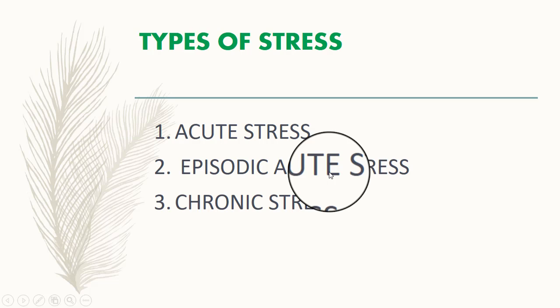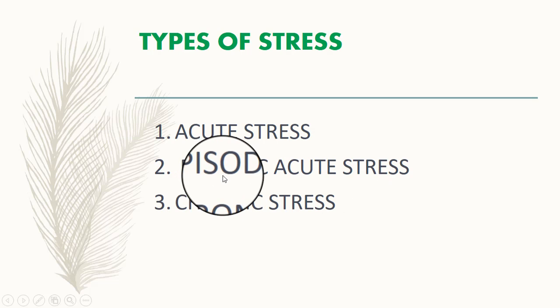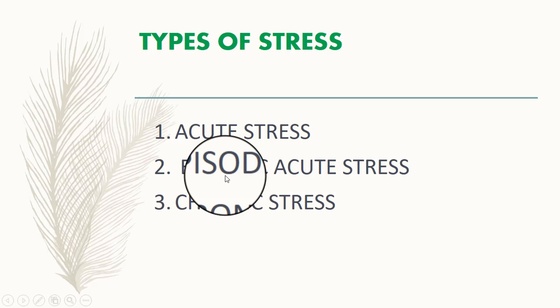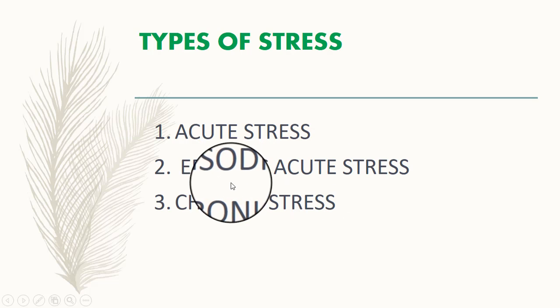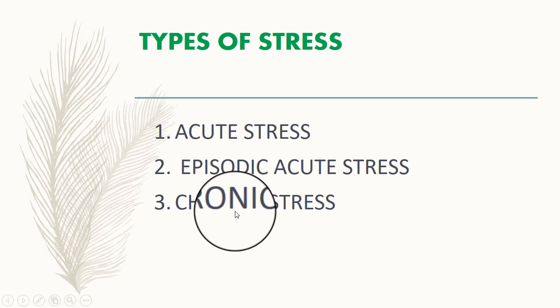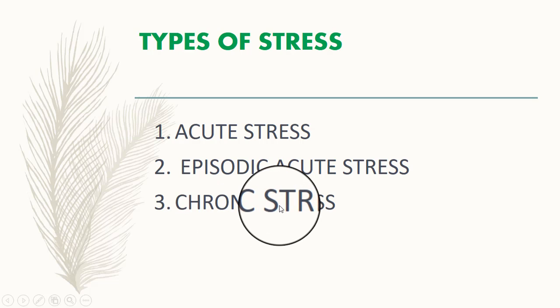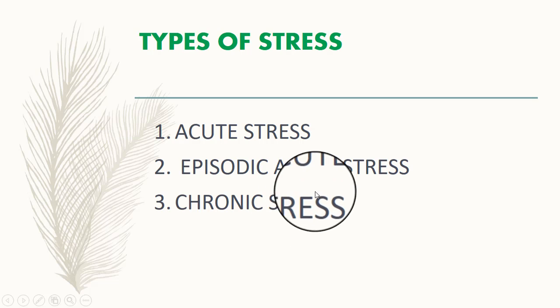Now the second type, that is episodic acute stress. Now how will you define it? When acute stress happens frequently, it is called episodic acute stress. I hope this term is clear to you. Now next, last but not the least, the third type, chronic stress. So what is chronic stress?